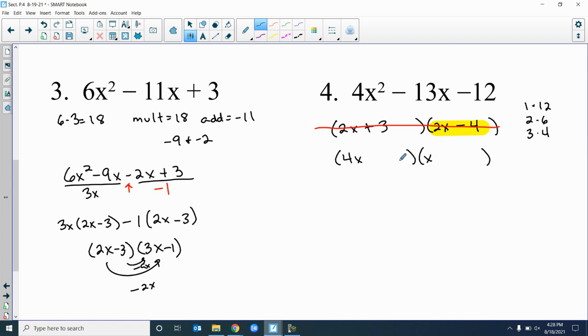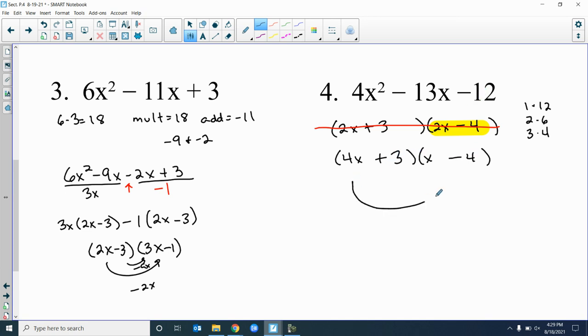And now let's take a look at what the possibilities could be between 1 and 12 and 3 and 4. So if I make this a minus 4 and I make this a plus 3, it satisfies the 4x squared because 4x times x is 4x squared. It satisfies the negative 12 because 3 times negative 4 is negative 12.